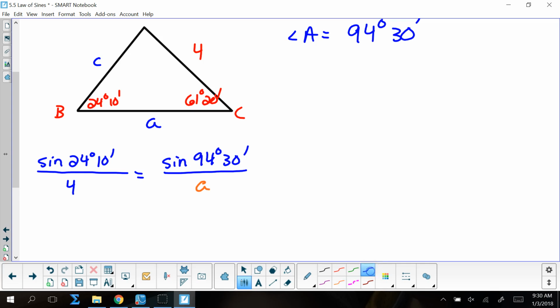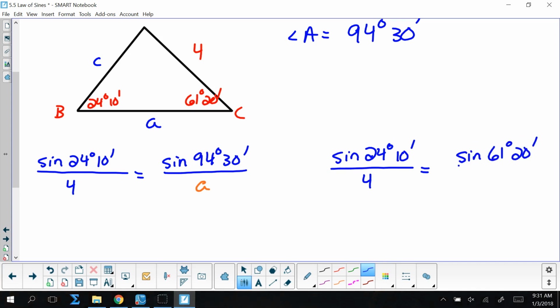And the other one is the sine of 24 degrees 10 minutes divided by 4 equals the sine of 61 degrees 20 minutes divided by side C.